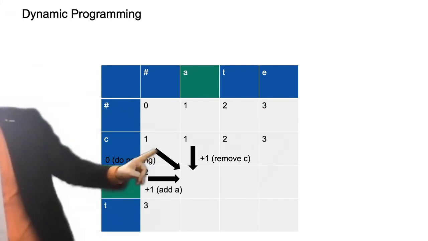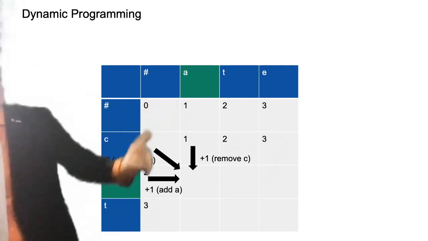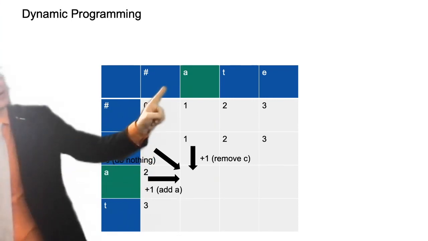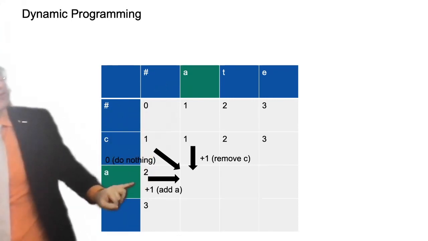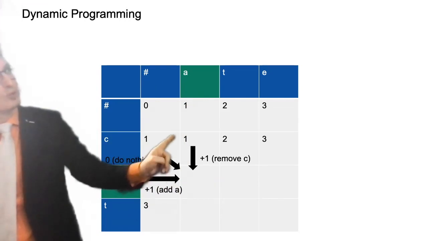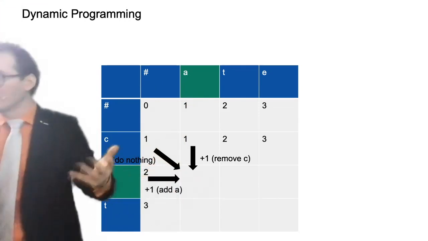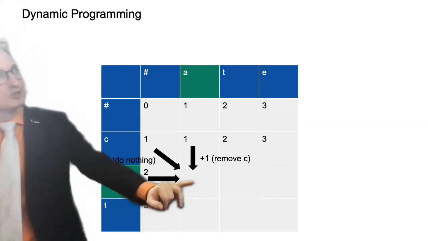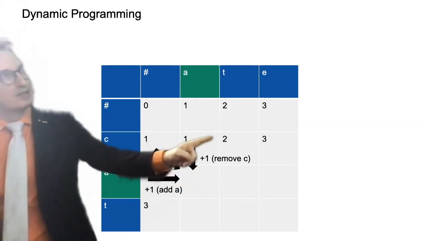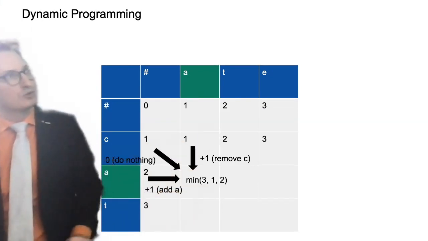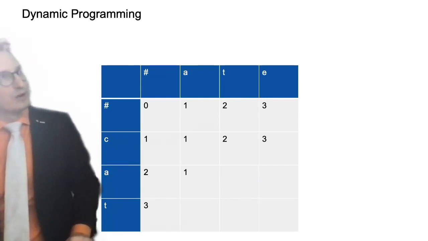Here, look, we have A and A, right? So here, if I go from C to the empty word and I do it in one step, then going from CA to A is the same number of steps as here, because A is already there, right? So here that gives me 1. Here is the same, 1 plus 1 and 2 plus 1. So the minimum is going to be just 1, right? And then I just go ahead. Here it's 2, here it's 3.